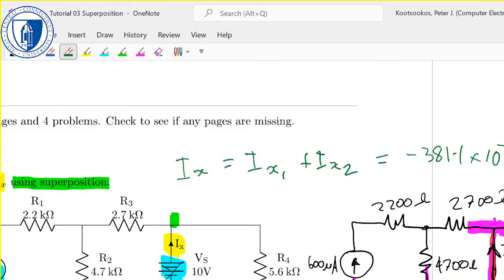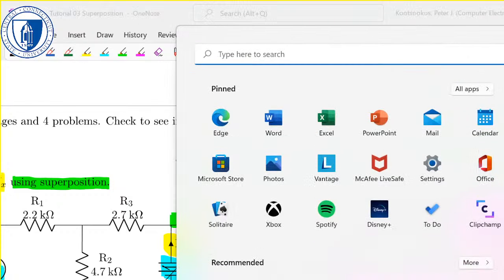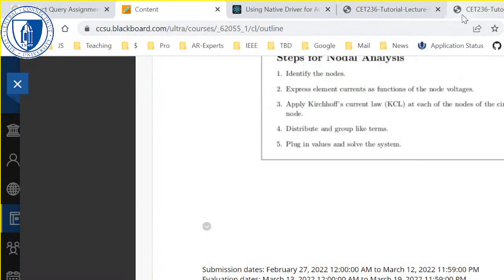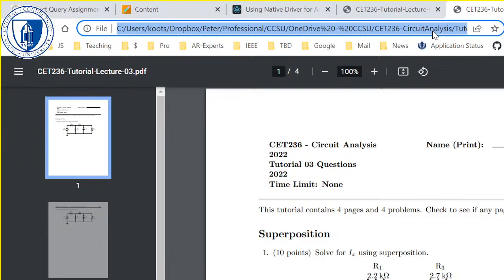That didn't do it. I might have to do that one up here somewhere.